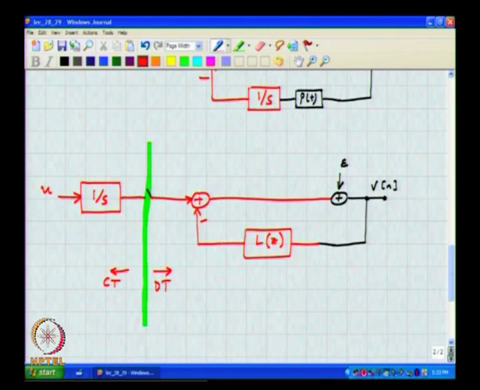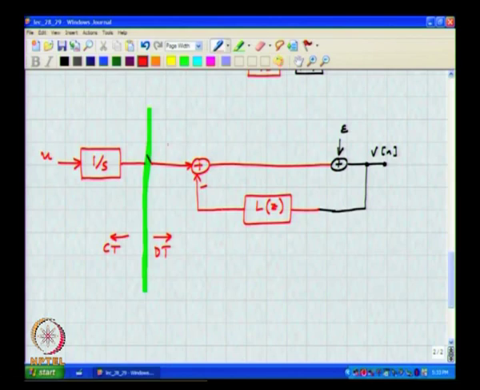Okay. Now, given this sequence, what is the transfer function from E to the output? What is the transfer function from this sequence to the output?